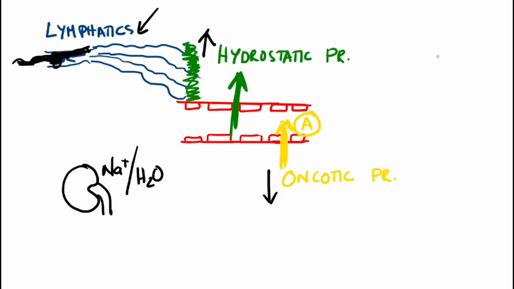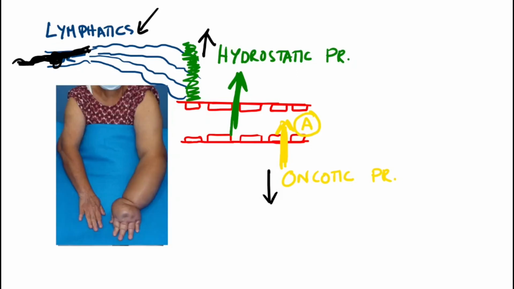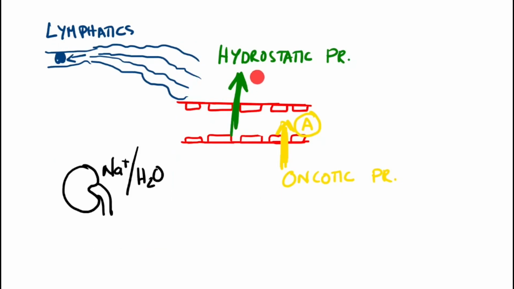This edema occurring in filariasis is called elephantiasis because of the sheer size of the affected region. Another classical example is upper limb edema, which occurs after radical mastectomy, where the axillary lymph nodes are also removed. Edema due to lymphatic obstruction is typically non-pitting. So pressure pushes out, albumin pulls in, lymphatics drain, and kidneys control blood volume.